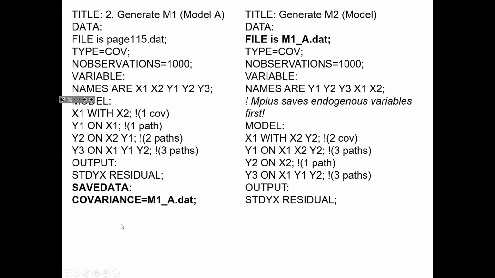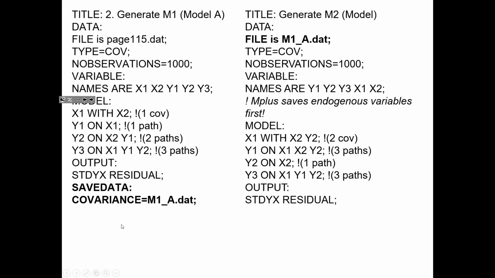So either model B or model C. And then one really important thing to keep in mind that's a little bit weird: when M plus saves out that model implied variance covariance matrix, it's going to save out the endogenous variables first, whether or not the endogenous variables were first in your original data file.